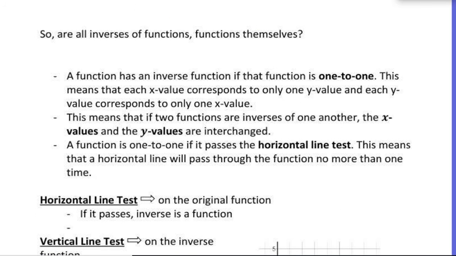A question to ask ourselves here is, are all inverses of functions themselves? And the answer to that is sometimes, but not all. And some more general information to help unpack that for you. A function has an inverse function if that function is what we call one-to-one.